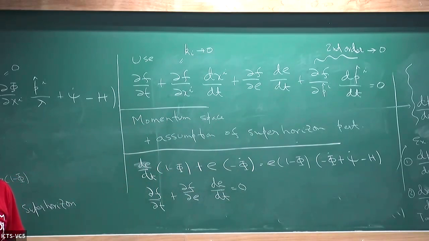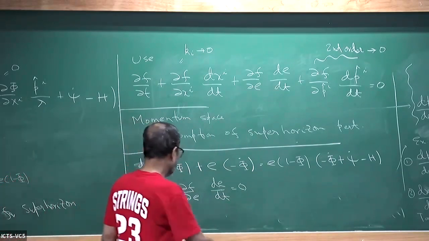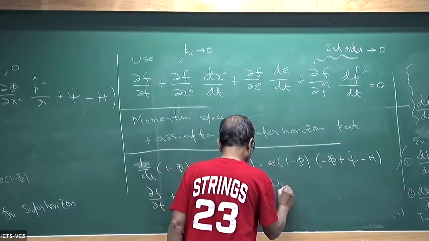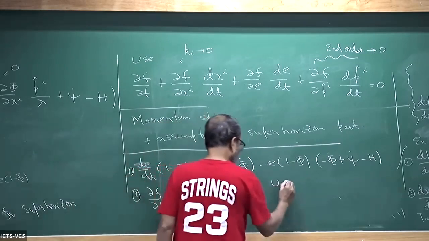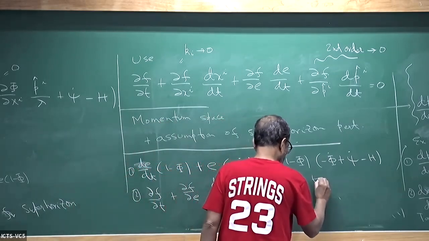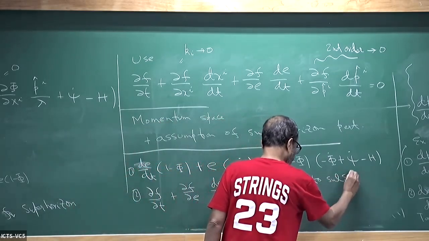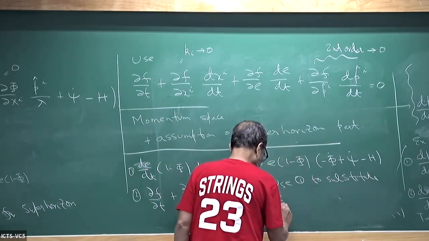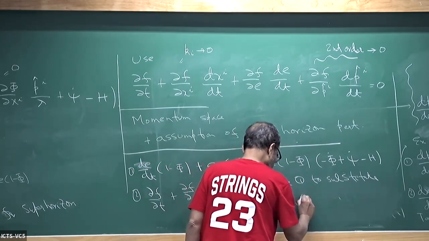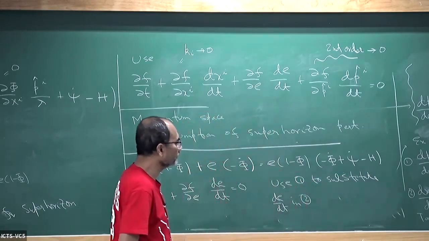Is that clear? So substitute for d eta. We call these 1 and 2. Use 1 to substitute d dt into the other.